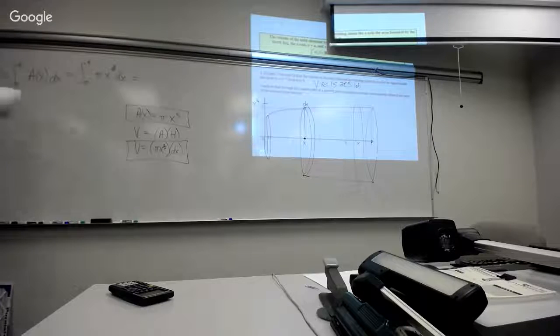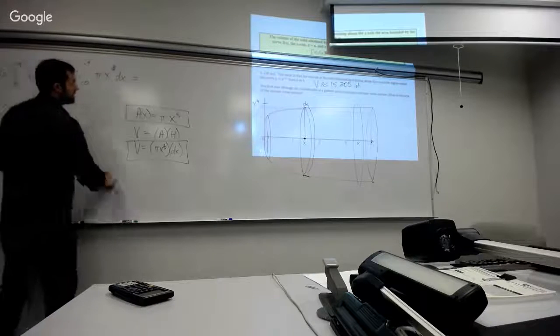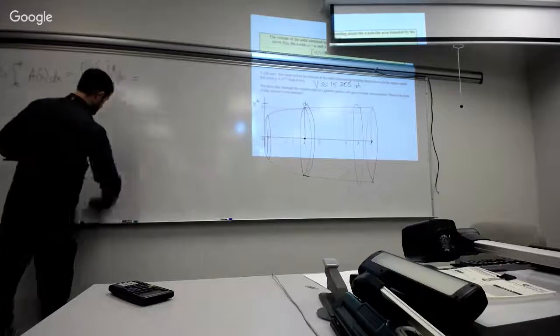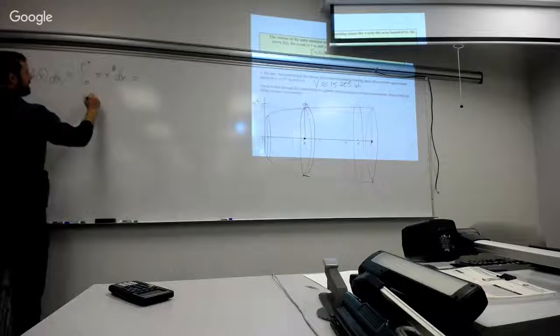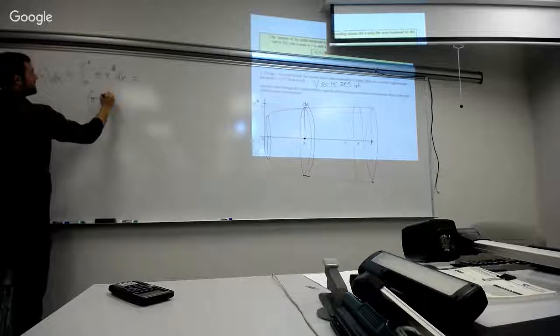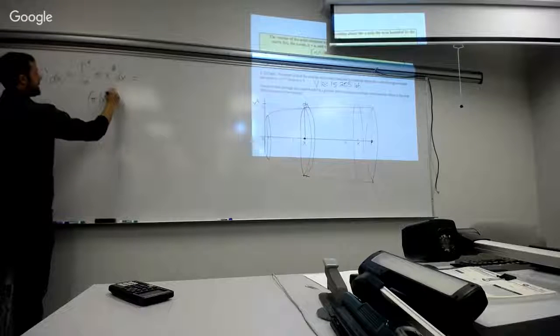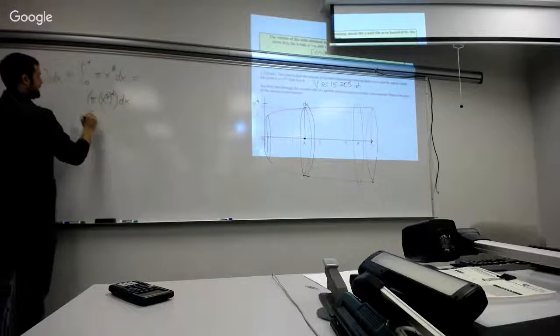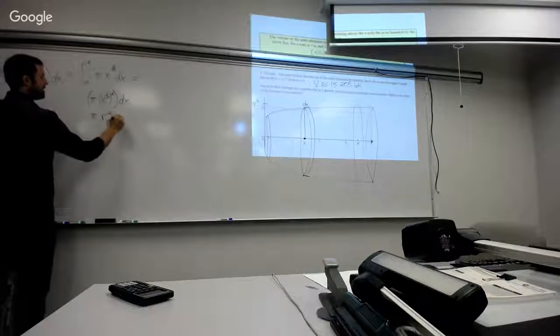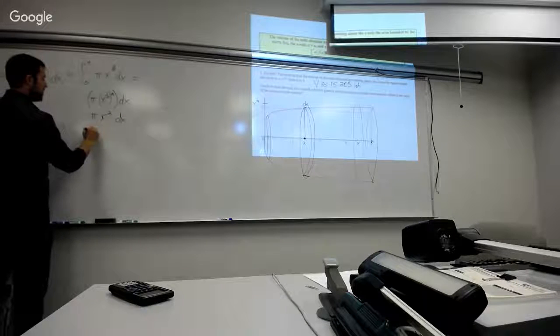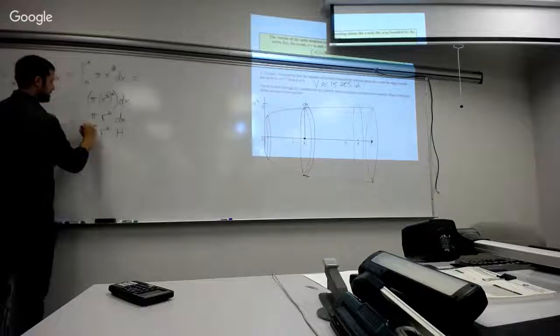Before we finish this integral, I just want to impress upon you that we're calculating a volume. This pi x to the 2/7 dx is actually a volume. Just to make sure that's clear, the pi x to the 1/7 squared dx is pi r squared dx, which is really pi r squared times height.